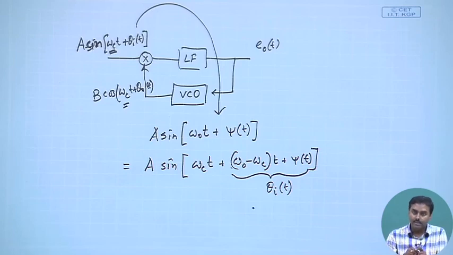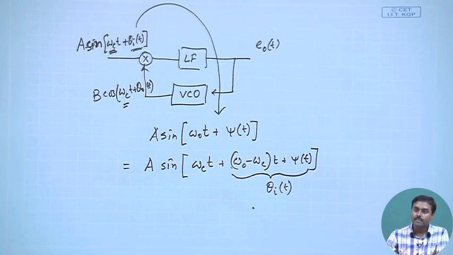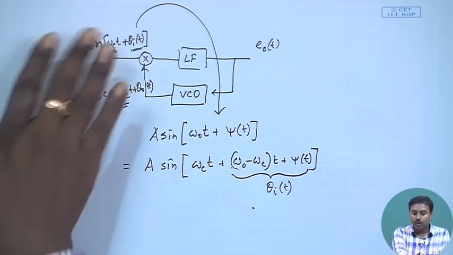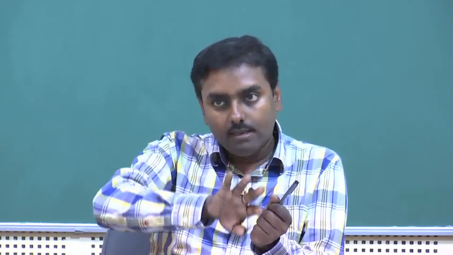Anyway this was not a constant thing, it was a variable of time, so I can add another time varying part to it and consider that whole composite thing as theta I t. Then whatever frequency comes, I can represent that in terms of the free running frequency of the VCO and accordingly manipulate the input phase, and the tracking will be on that phase only, right. So, the frequency mismatch I can put in the phase mismatch term, and then do the analysis similarly to the way we have been doing it. Okay.